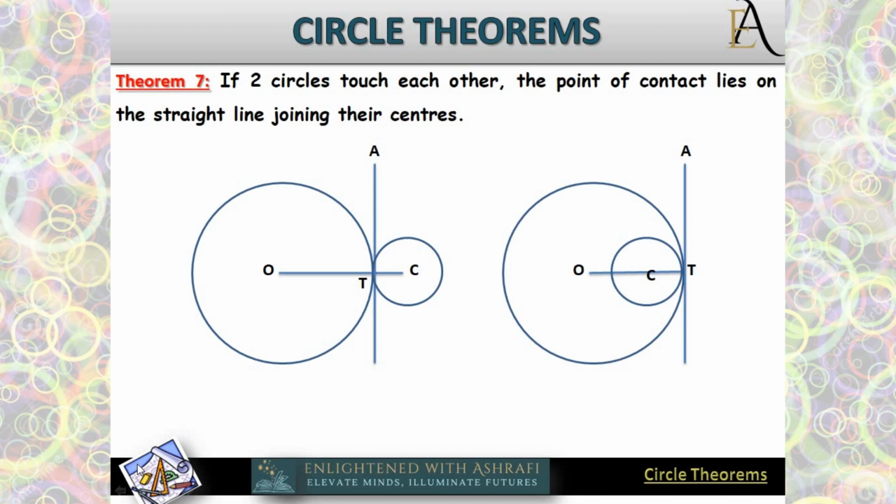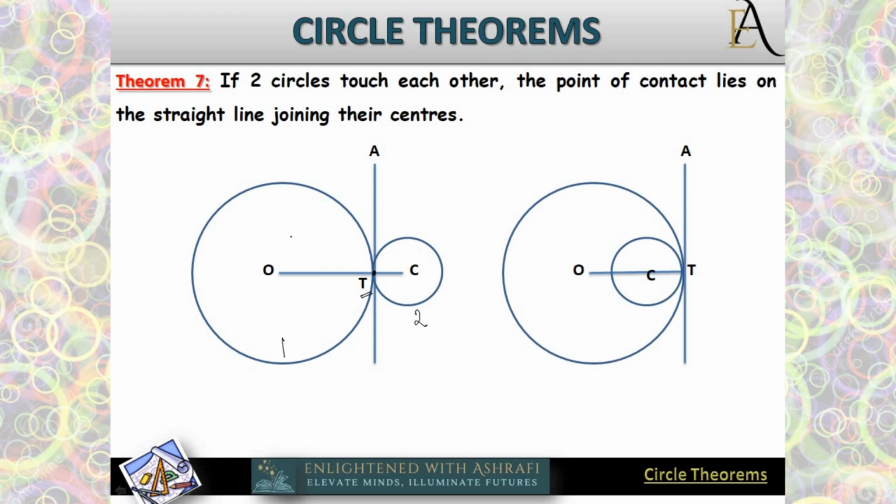Theorem 7 states that if there are two circles that touch each other, then the point of contact lies on a straight line joining their centers. So here I have circle 1 and circle 2. The point where they touch, let it be T. So the point where they touch will be on a straight line joining their centers.